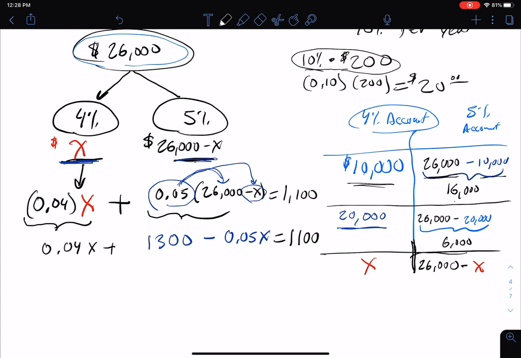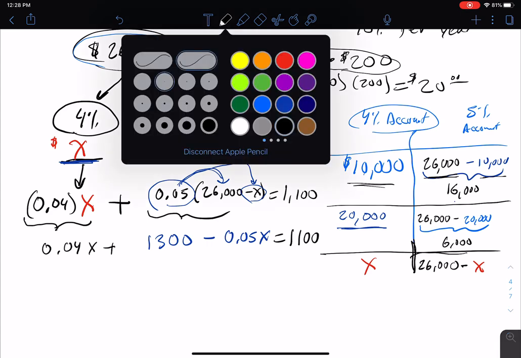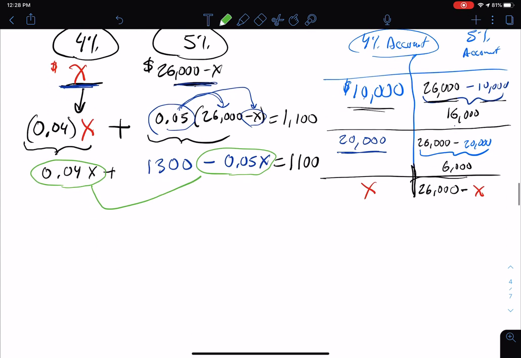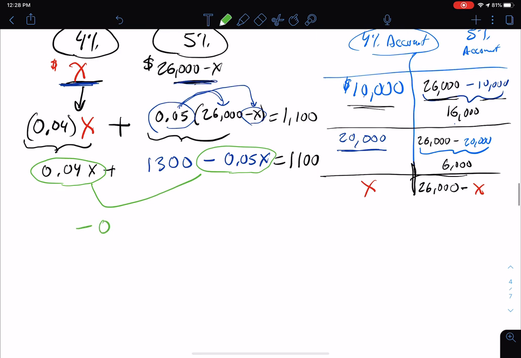Now what we want to do is combine like terms. We can combine like terms by first identifying the like terms, and there they are right there. 0.04x minus 0.05x is going to combine to make a negative 0.01x.